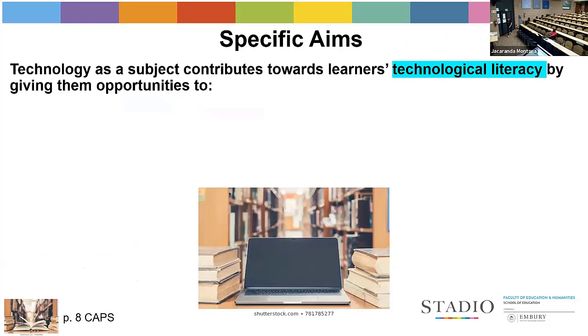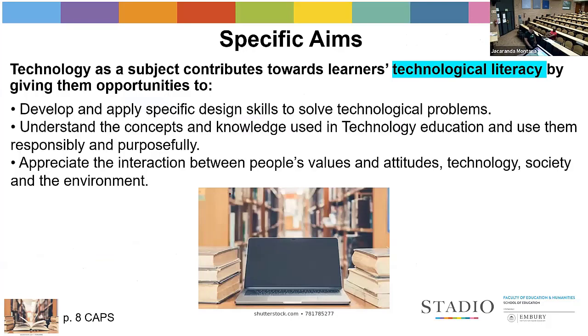So what does that mean? The following things, and you will see the skills, knowledge, and values again. Firstly, to develop and apply specific design skills to solve problems. Secondly, understand the concepts and knowledge, so there's the knowledge again, used in technology education, and to use this knowledge responsibly and purposefully, so that you can link back to your values.